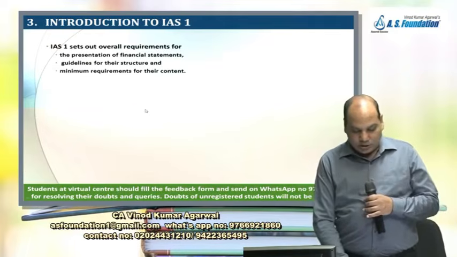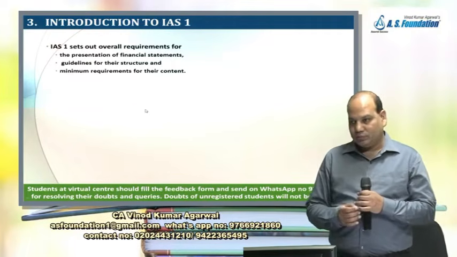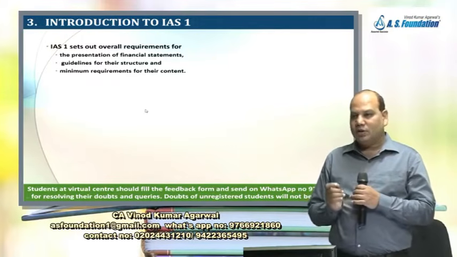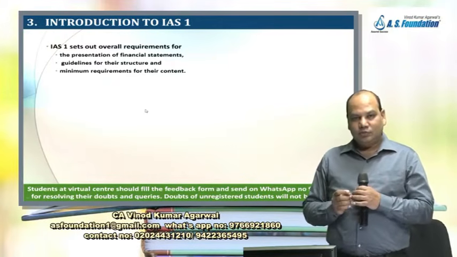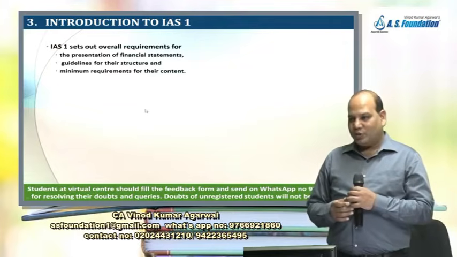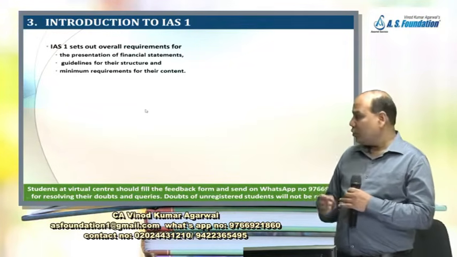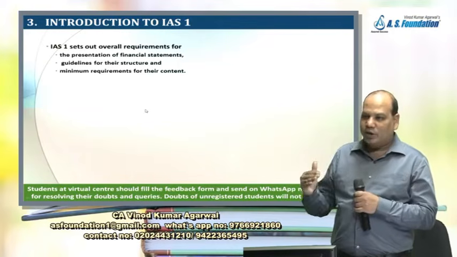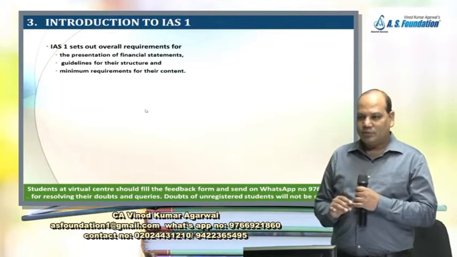Now we'll begin IAS 1. IAS 1 is presentation of financial statement. Very easy standard. Not too many numerical questions here, because we are going to basically understand what are the presentation requirements in financial statement.